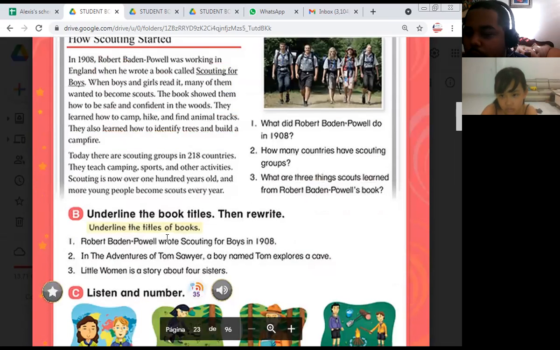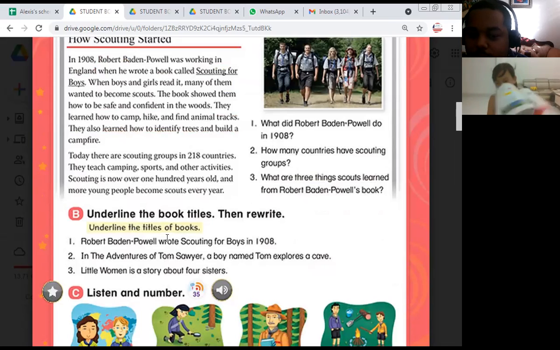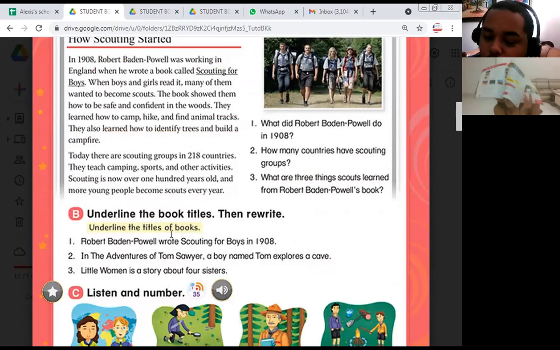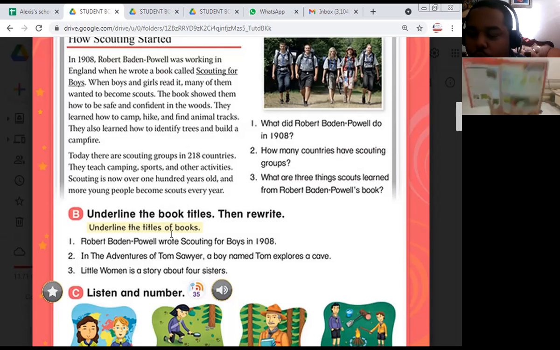Do you have your book there in your hand? Yes, I have it. So this is what we are going to do here, Bonnie. We are going to underline the book titles, then write it. So look at here.